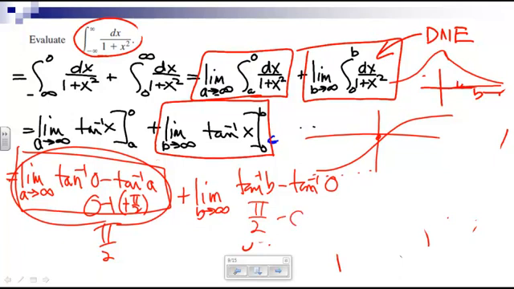This one goes to 0, and so we end up getting the sum of those two. We end up getting pi. This curve does approach 0, and I kept on confusing the original curve, the one in this problem, with the curve of the antiderivative, which has an unbounded area under it.